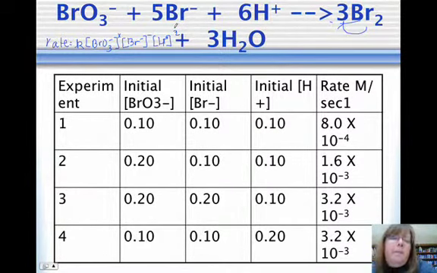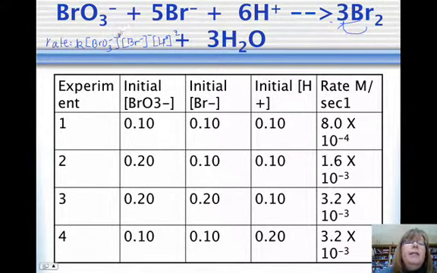All right, now let's look. Experiments 2 to 1 keep everything the same, but we've doubled the bromate concentration. All right, so everything else remains constant, double the bromate, and what happens to the rate? It doubles. So we doubled its concentration, kept everything else the same, the rate doubled. It mimicked what we did.